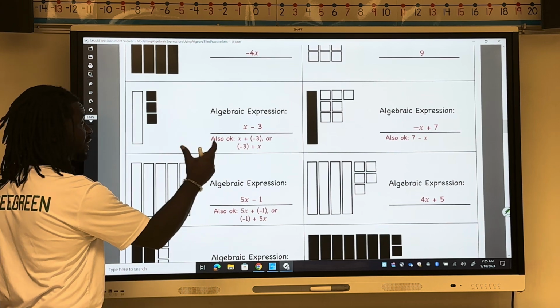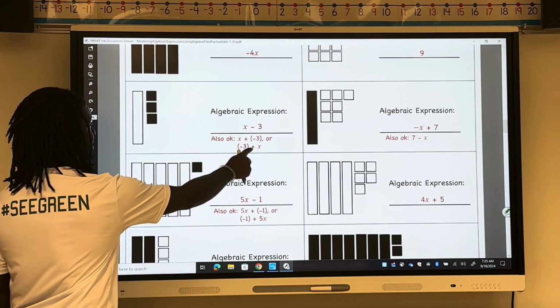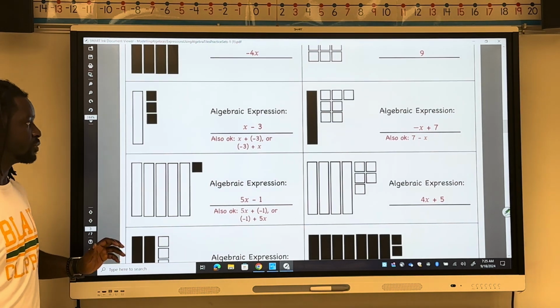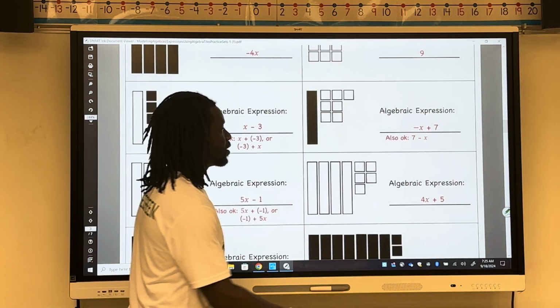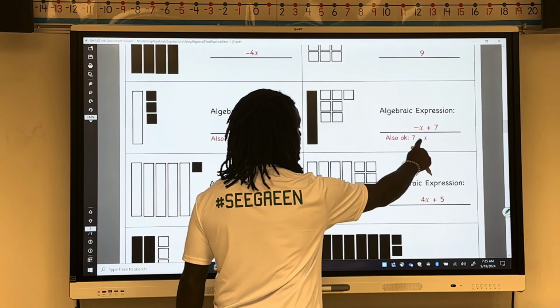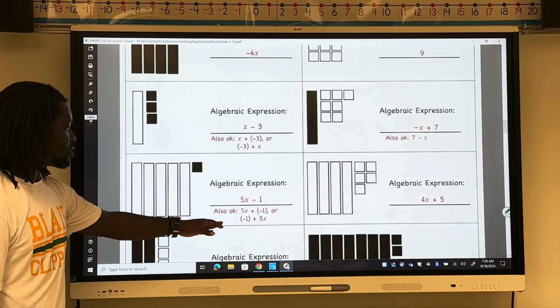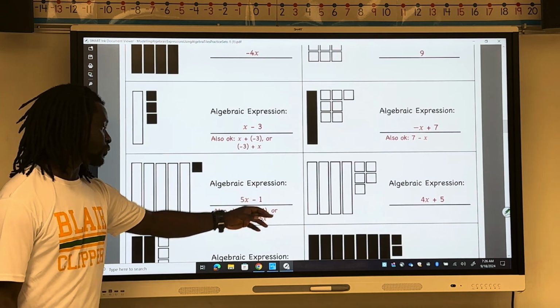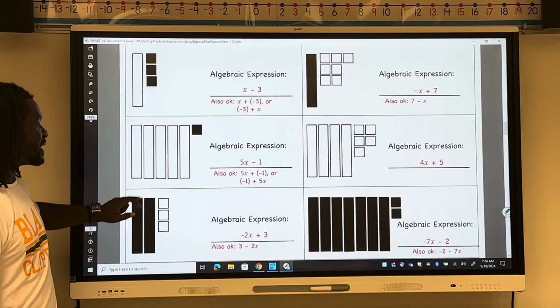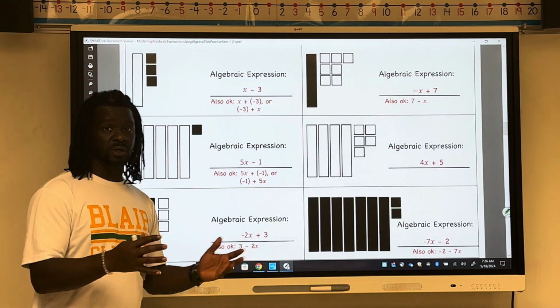You can also write negative 3 and then plus x, all right? So that also could be true. Also, I could have written the positive 7 first and then written negative x. Same thing here. I could put 5x minus 1, or I could put negative 1 plus 5x, okay? So we need to understand that both of those are true, okay?